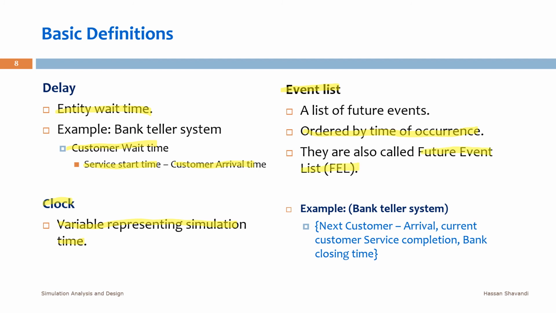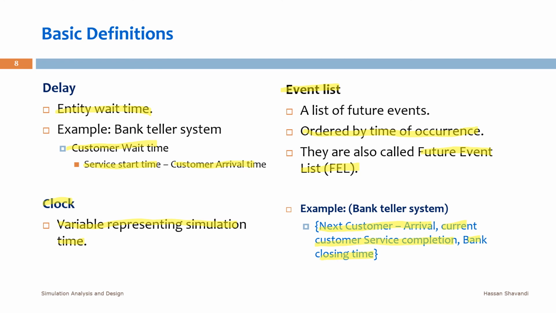For example, for the bank teller system, we can have this list as our FEL: next customer arrival, current customer service completion, and bank closing time. So we will have three types of events that can occur in the future, and we have to order them based on their time of occurrence.